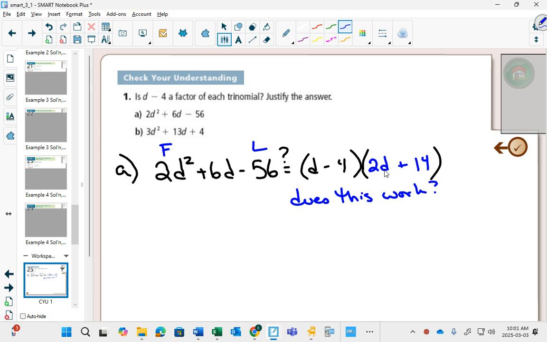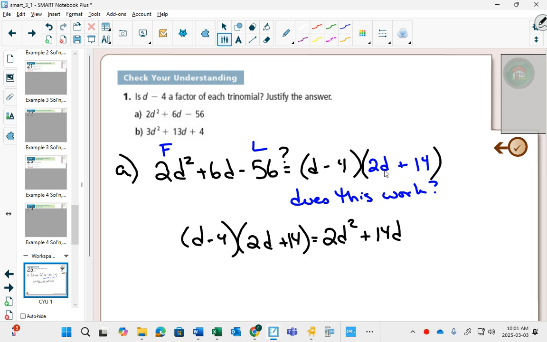So if I multiply this out, d minus 4 times 2d plus 14 is equal to, well, d times 2d would give me my 2d squared. Outside would be plus 14d. Inside would be minus 8d. And my last ones give me minus 56.